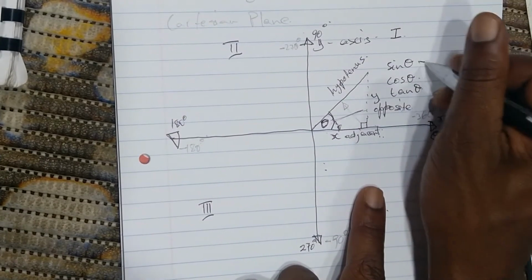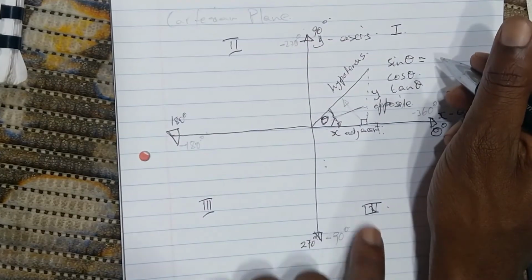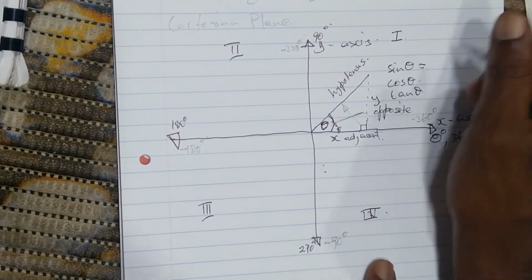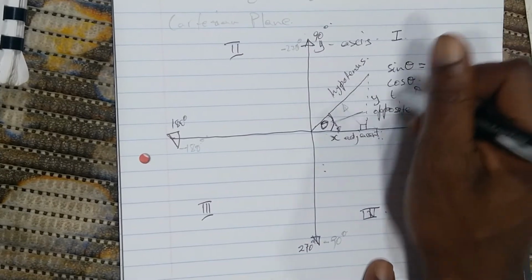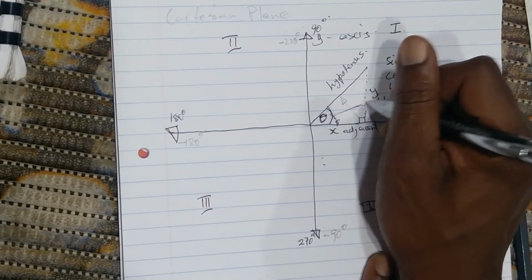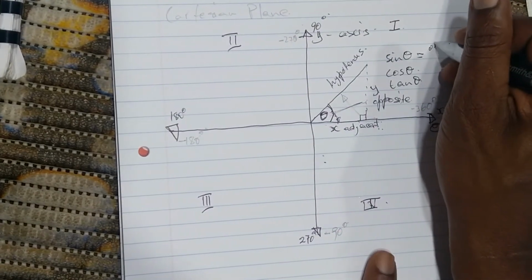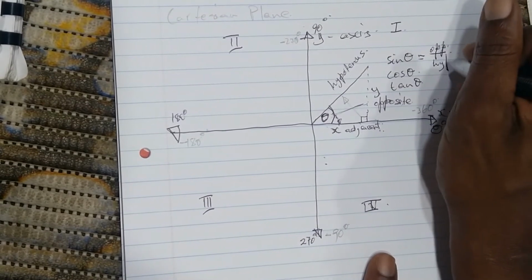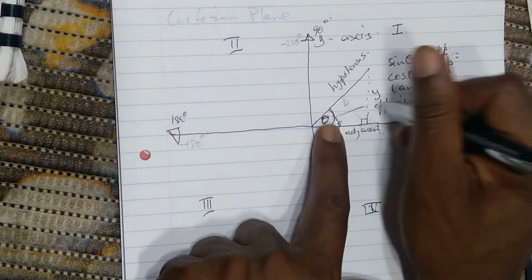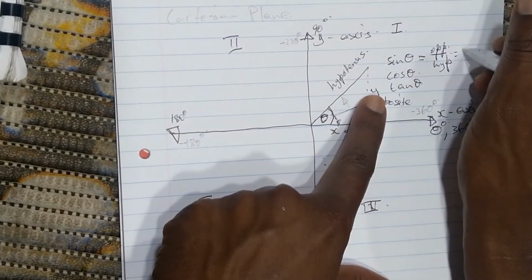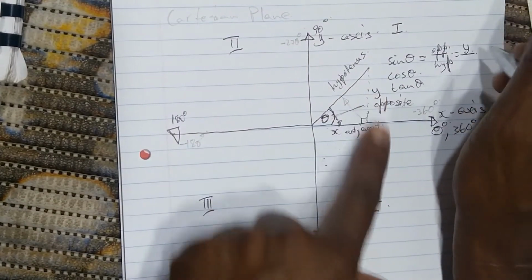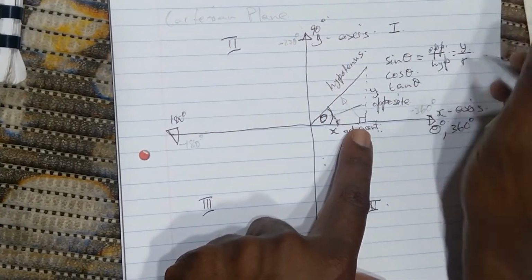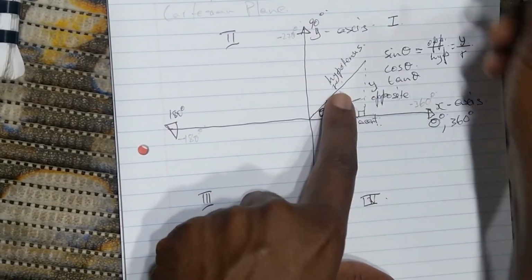So if we go back to the previous section where we spoke about SOHCAHTOA. If we're looking at sine, it is opposite over hypotenuse, with opposite being our y over r, which is the hypotenuse here.